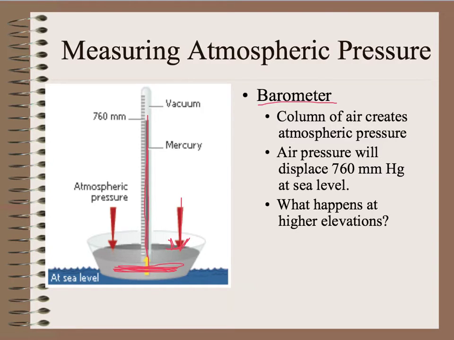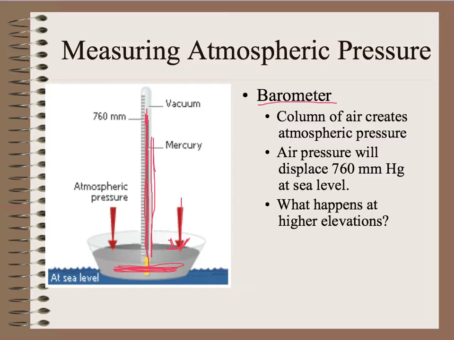So the higher the pressure, the higher the mercury rises, because more weight is needed to equal that pressure. As the pressure drops, the mercury level drops, because it will only support the amount of weight that is equal to the atmospheric pressure.